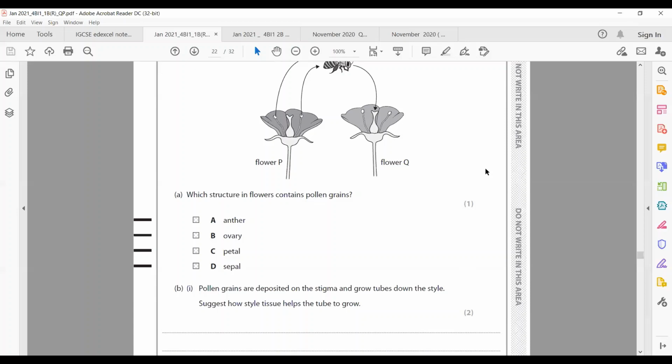طيب let me help you. البولين tube is increasing in length أو is growing. What are the necessary things for growth of anything? في بروتينز.